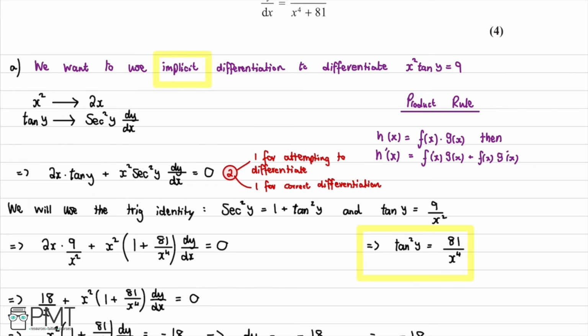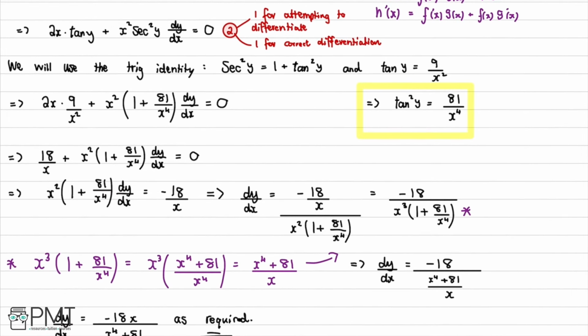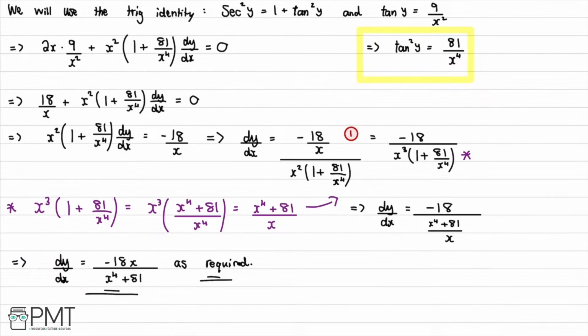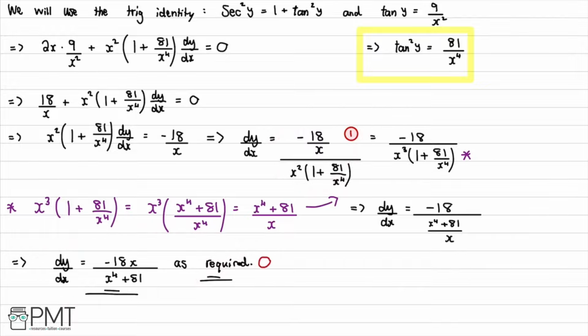So that's 2 marks there. We then receive our 3rd mark for correctly using the trig identities and getting ourselves to an expression for dy by dx. So that was at this point here that we received this mark, and then we receive our 4th and final mark for then manipulating this expression and getting to the required answer, which the question asked for.